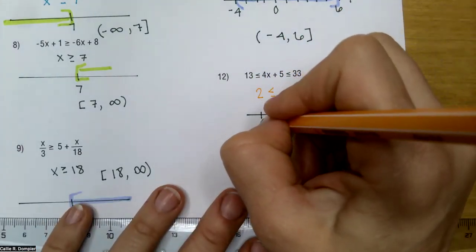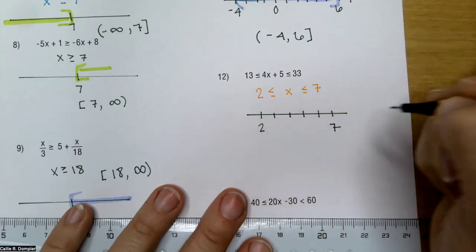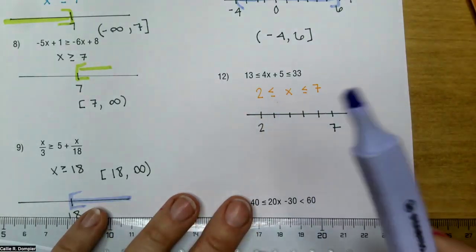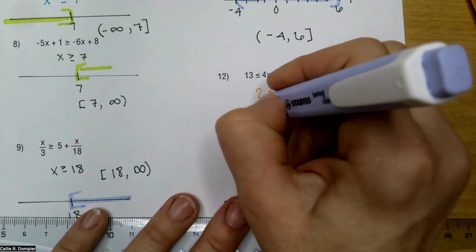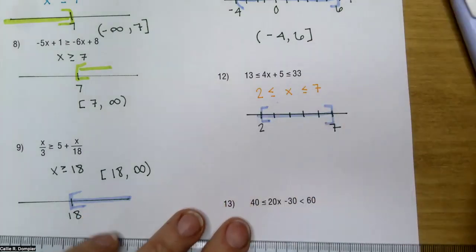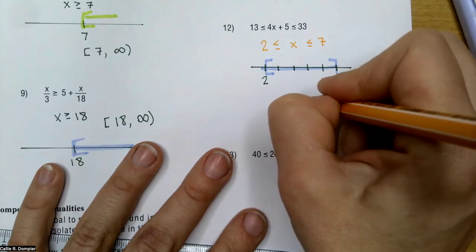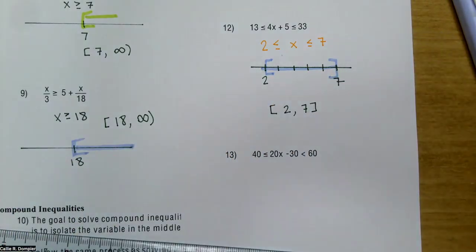Here we've got 2 and 7. X is greater than or equal to 2. X is less than or equal to 7. So we've got that as our final answer.